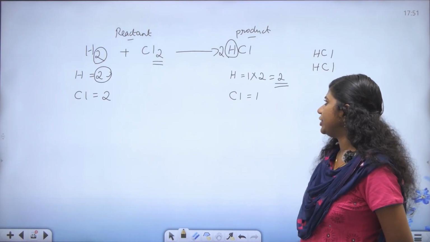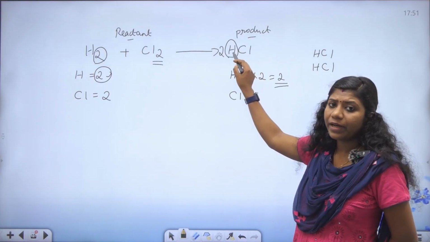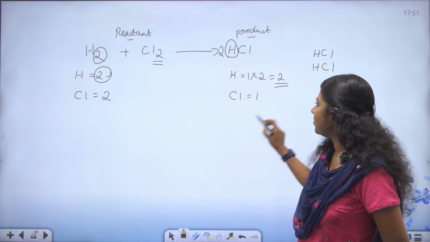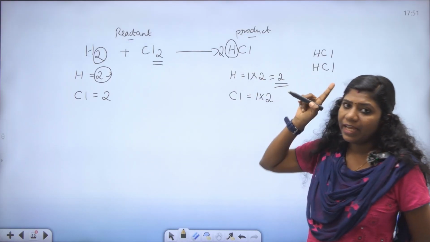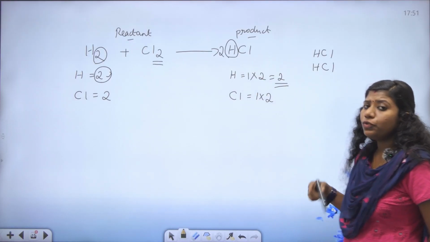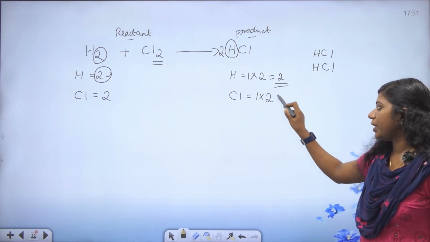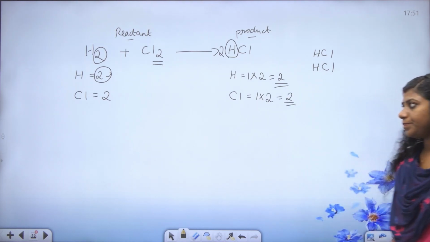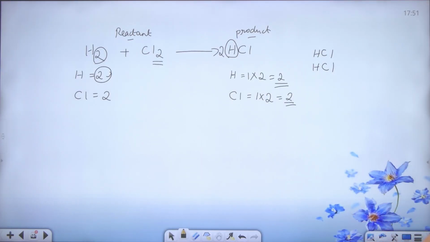Here the number of hydrogen atoms is 2. In 2 HCl, the number of chlorine atoms is not 1, it's 2. 1 HCl contains only 1 chlorine atom, and 2 molecules of HCl contain 2 chlorine atoms, 1 into 2, 2.